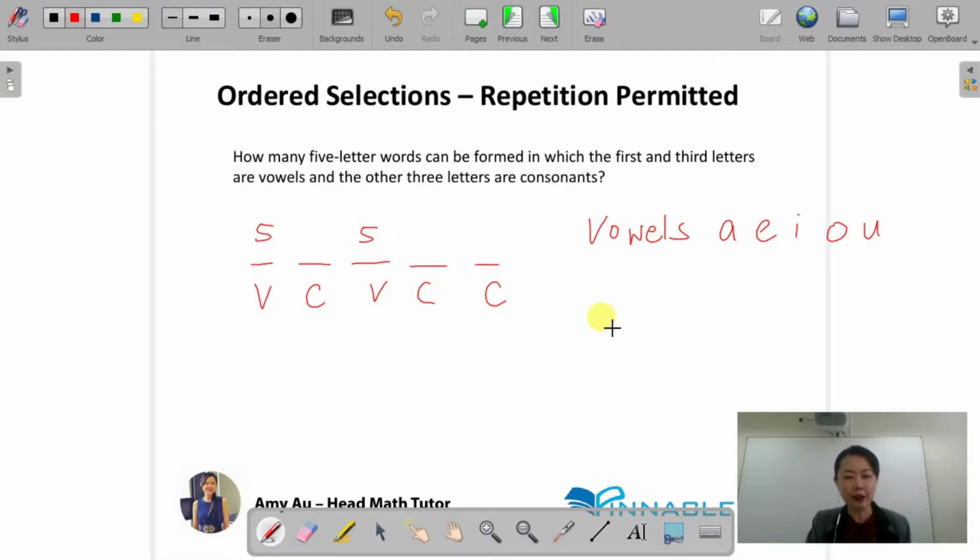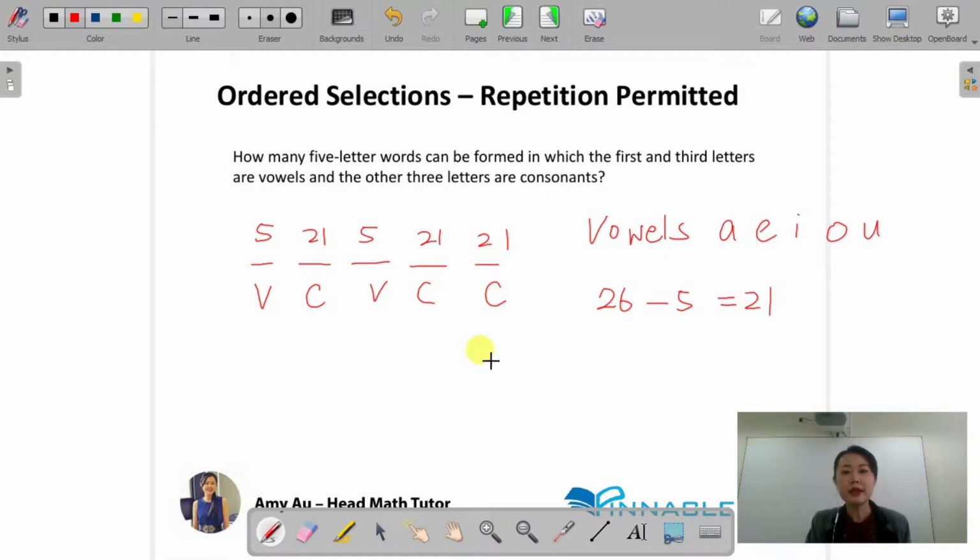And consonants are basically the whole alphabet, 26 letters, minus A, E, I, O, U, which is 5. So there are 21 consonants in the alphabet, and there are 21 ways to fill those 3 spots.